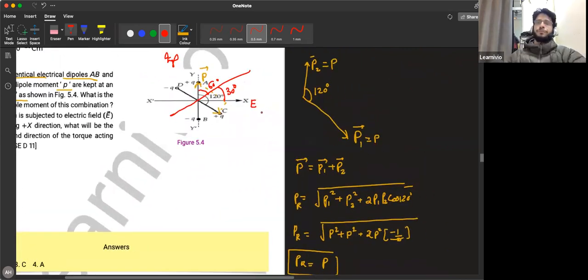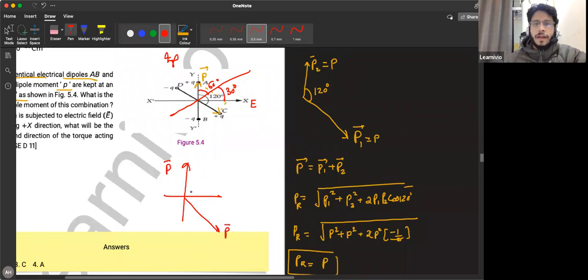Do it. Can you say how you got the angle as 30 degrees? Yes. See, both the dipoles, one is in this direction, another is in this direction. The angle between them is 120 degrees. If both the vectors are of equal magnitude, then the resultant will bisect the angle between them.